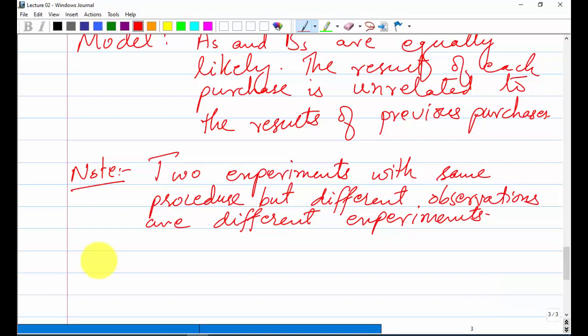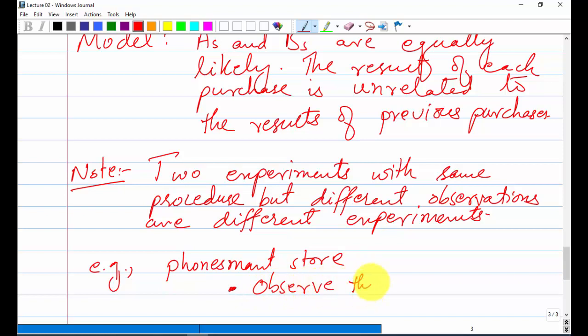For example, if we go to the phone smart store and observe the sequence of A's and B's, this is one experiment.